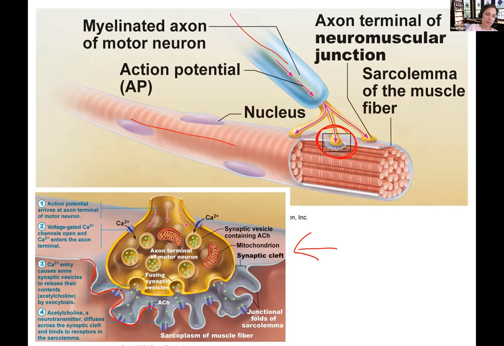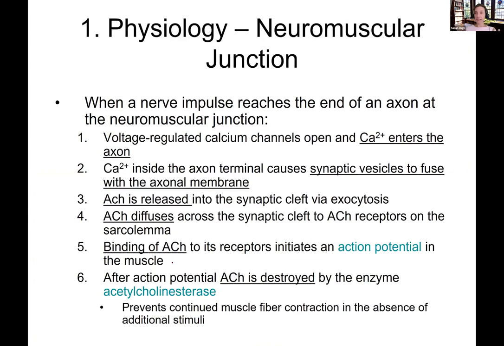Now, the receptors for acetylcholine are these little purple things that they have drawn right there. Now, we can also see in the axonal ending, we can see our little vesicles that contain acetylcholine. Again, acetylcholine in this image, though, are the little green dots. Okay. So those are just the parts and pieces that we're looking at.